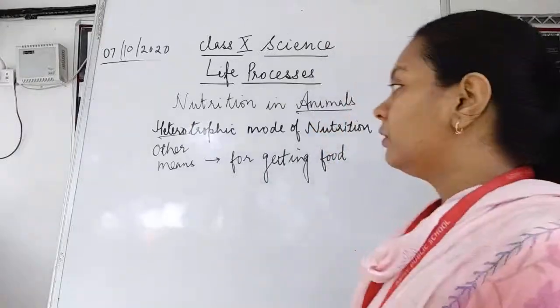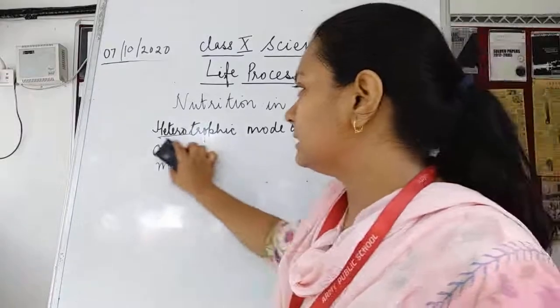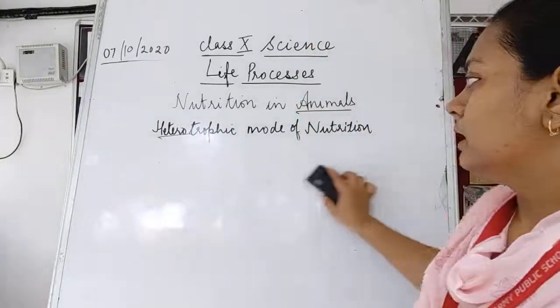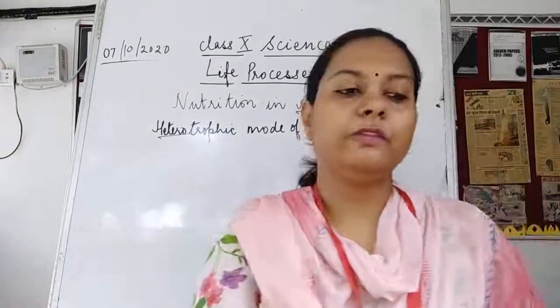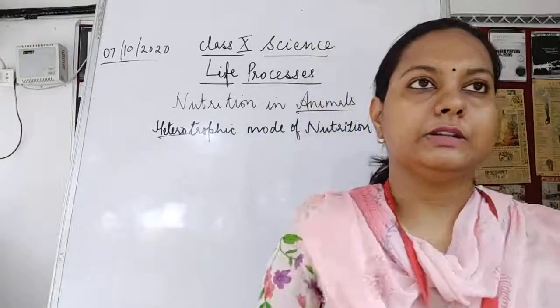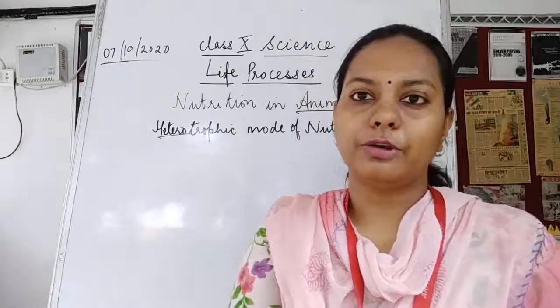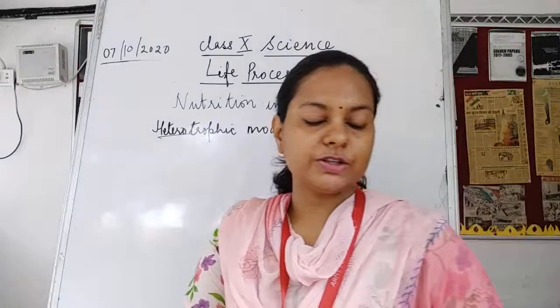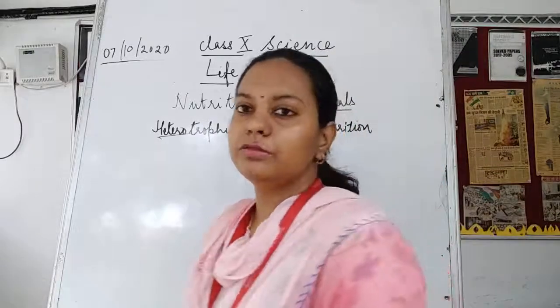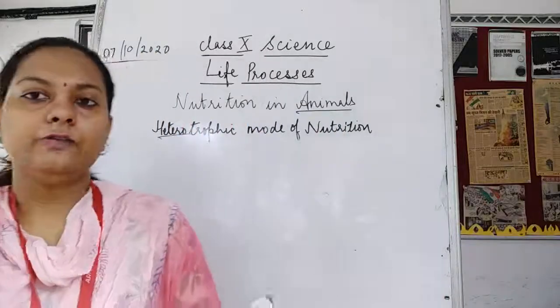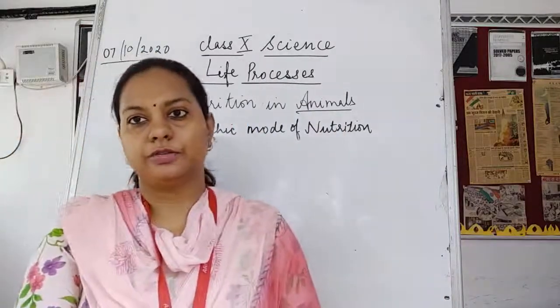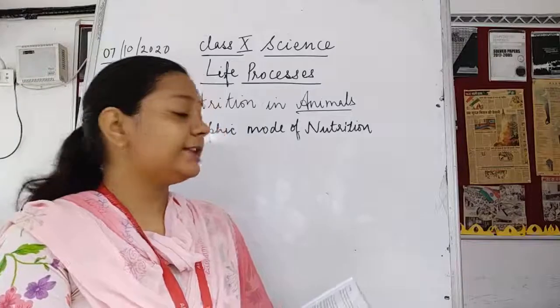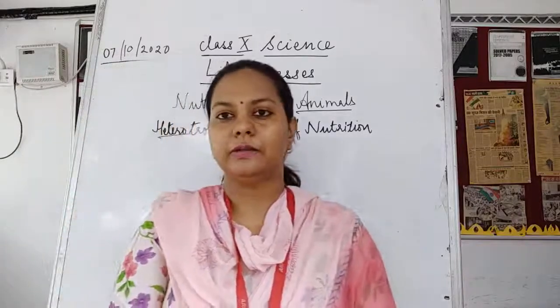Okay. Now the next thing is that in this heterotrophic mode of nutrition, what modes are being followed by these animals? We have discussed the situation where nutrition in plants is required, and for nutrition in plants it will undergo photosynthesis, but the story is changed over here in the case of the animals.